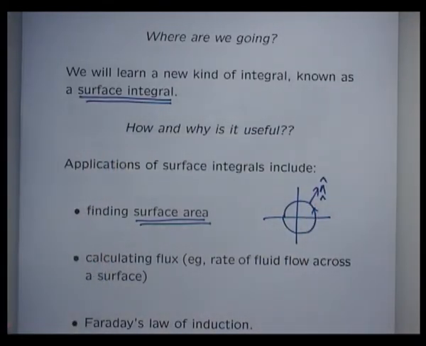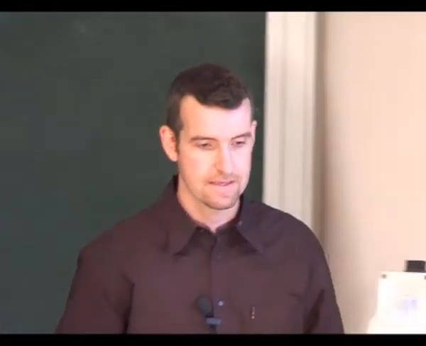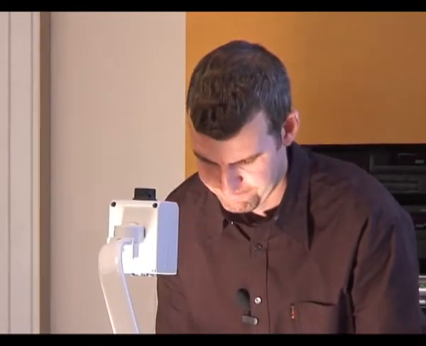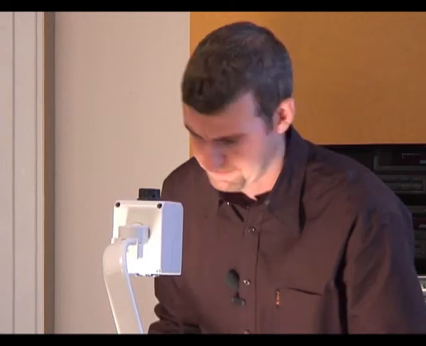What's the flux over the circle? What surface integrals allow us to do is look at flow over 2-dimensional regions.